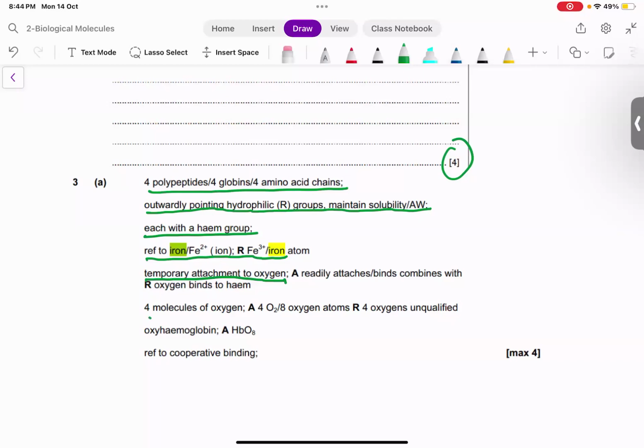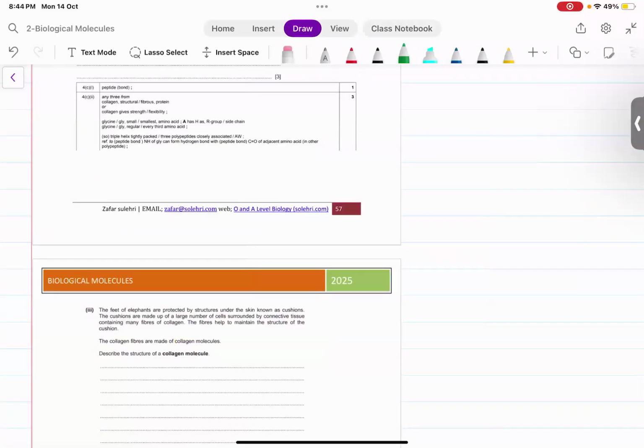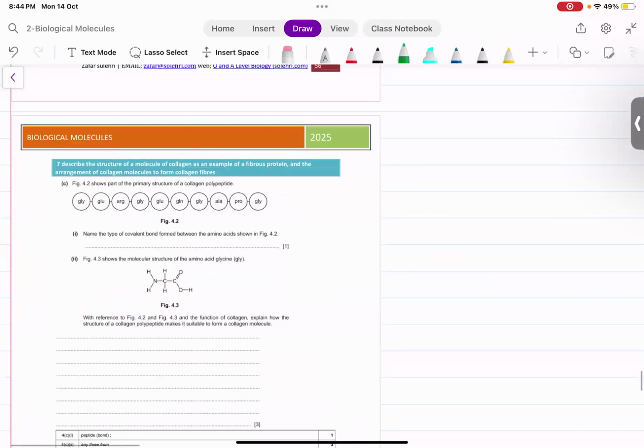So consequently, 4 molecules of oxygen bind with 4 prosthetic groups. This makes oxyhemoglobin, and this bonding is a cooperative binding, and the oxyhemoglobin carries oxygen from lungs to the other parts of the body. So that's all about hemoglobin.